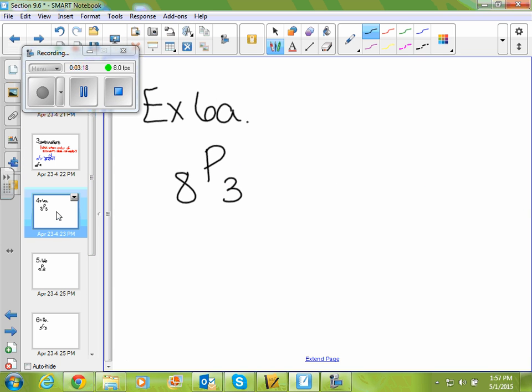Okay, so we look at that probability model 8 permutate 3. Our permutation model is n factorial divided by n minus r factorial. And so n is the number you start with, r is the choices that you're choosing.